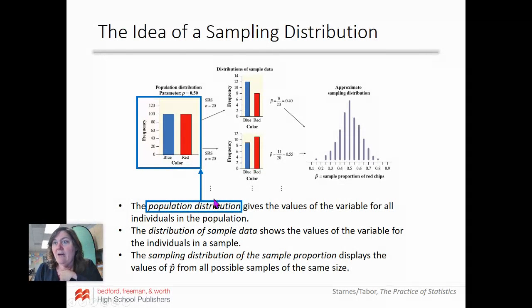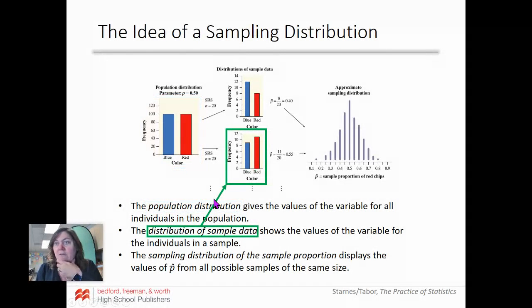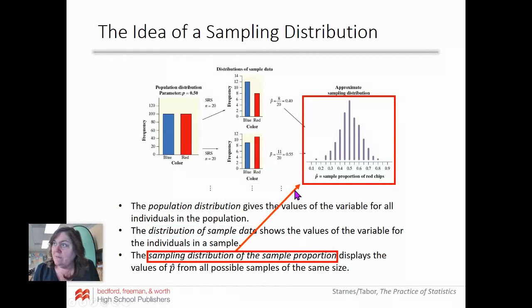So that's where you see now the next part in green. This is our sample data. We've taken, and these dots here mean it just keeps going. We've added multiple samples here, and we take each of those proportions, p-hats, and we plotted all of those, and that gives us the distribution of the statistic taken from every single sample. And then that's what's in red.